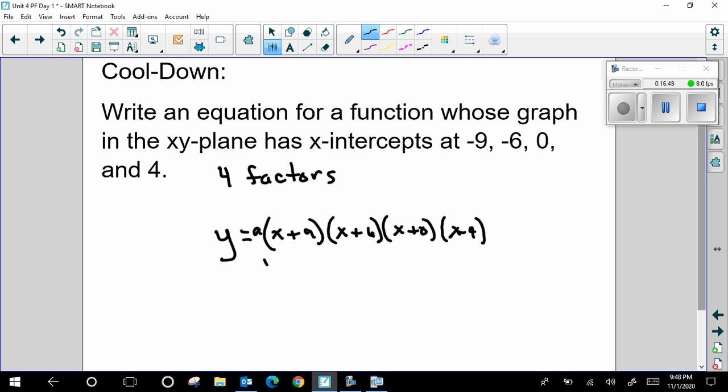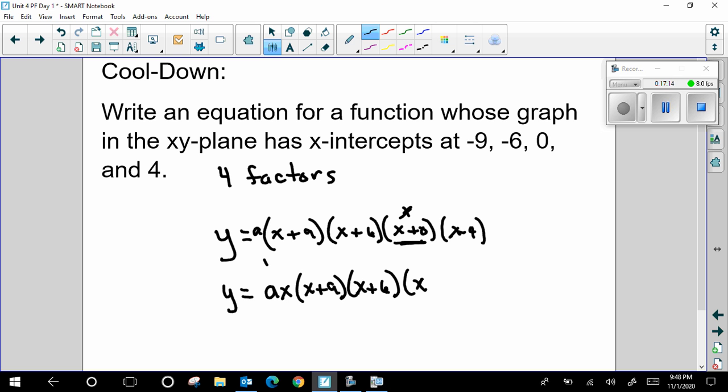It'll also tell you if that graph is going to be taller for your y values, so vertical stretch, vertical shrink. So if I simplify this a little bit, well, this factor right here just needs to be x. So I can throw that out in front with the a value. And I have x plus 9, x plus 6, and x minus 4.